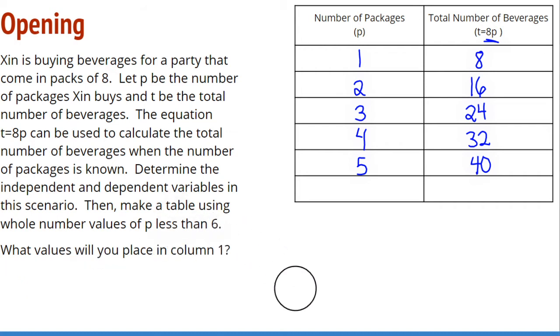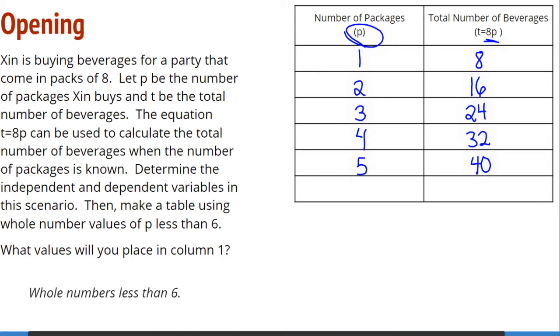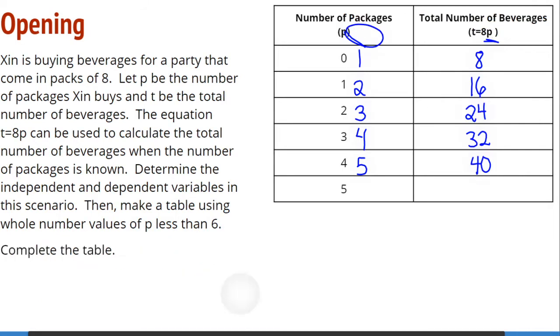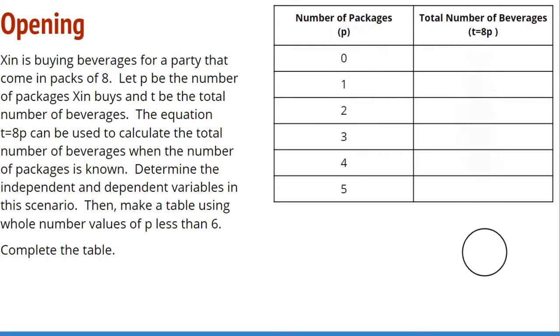So the values in column 1 are the number of packages, and it says to do whole numbers less than 6, so I did. And then I completed the table by substituting the number of packages. Oh, of course I used a 0 to start with.